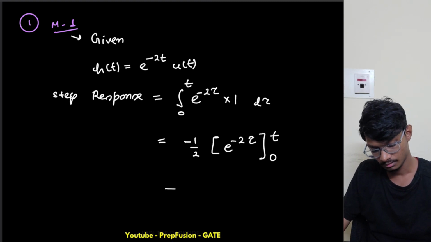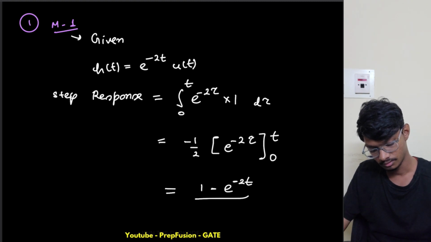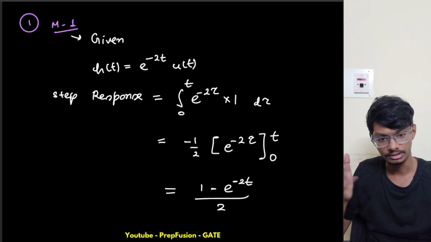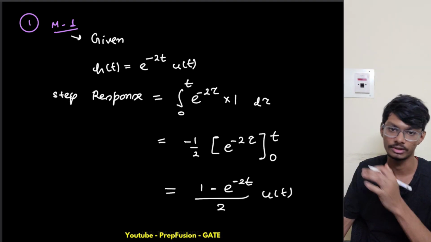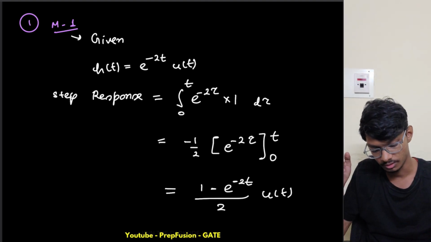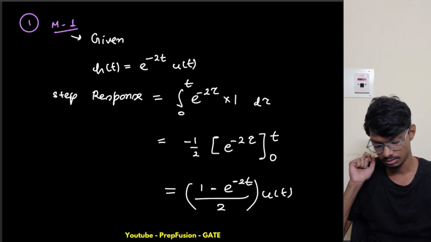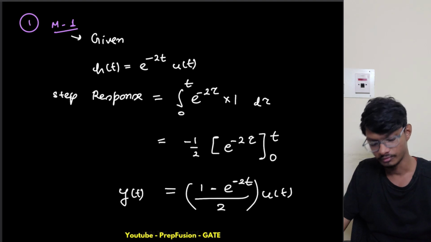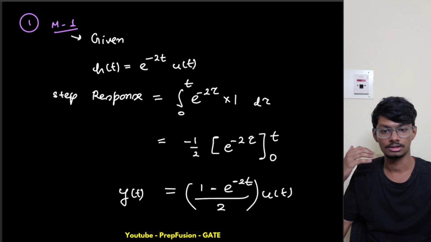So I get 1 minus e raised to power minus 2t divided by 2. This is the solution, and u of t is also there, because before t equals 0 this is 0 only, so I put u of t. So this is the step response y of t.